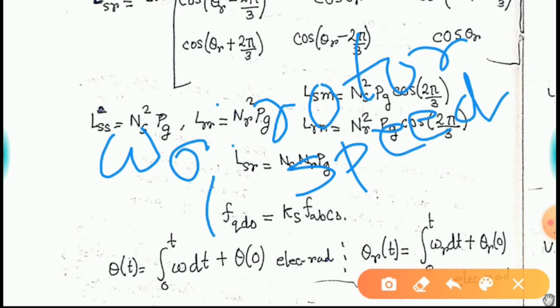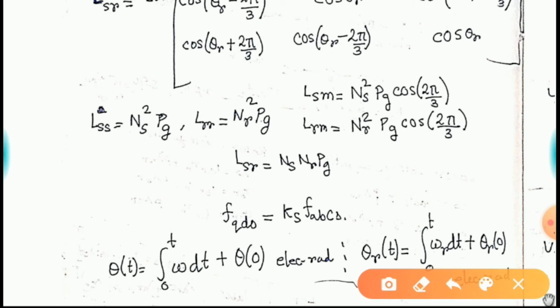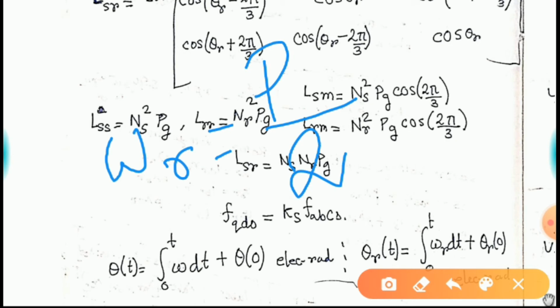Better to say rotor electrical speed. This electrical speed is related to rotor mechanical speed, physical speed, by this equation.